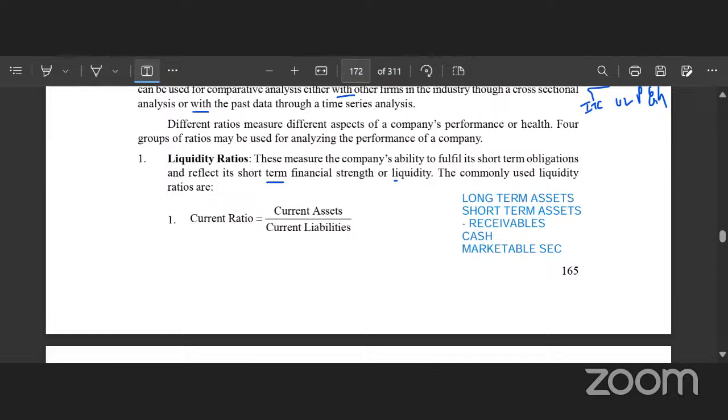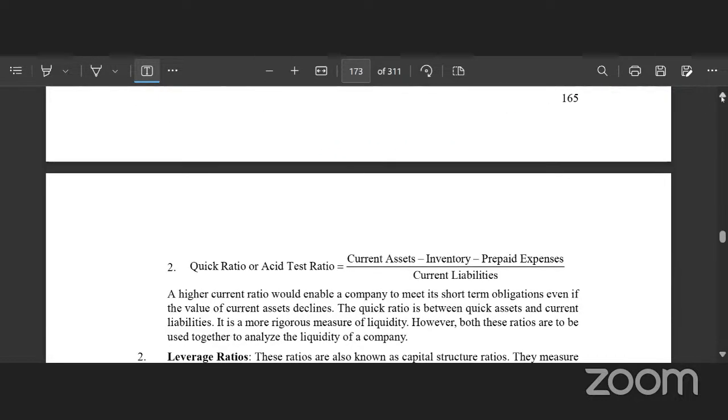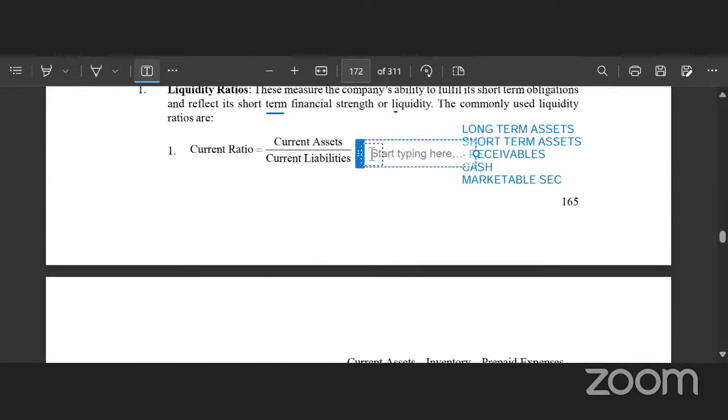If my current ratio is 2 to 1, it indicates that for every 1 rupee of current liability I have to pay, I have 2 rupees of current assets. That means I have excess current assets over my current liabilities, which shows the company is liquid. The higher the current ratio, the better.